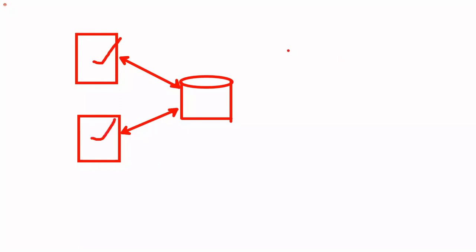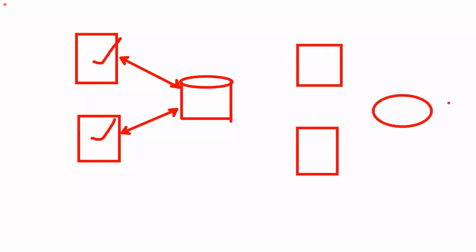But instead of this, you can prepare one Java bean which is common to all JSPs. Like this you can create it. Here the Java bean can connect to the database, and the JSPs can access it. This is the Java bean. Now what will happen? Whatever is common to all JSPs, that code you can write here.